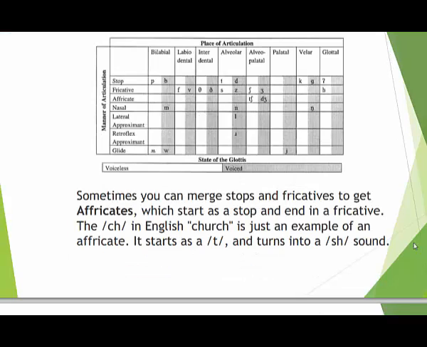And sometimes you can merge a stop and a fricative together to get something called an affricate, which starts as a stop and ends as a fricative. So ch, as in church, is a good example of an affricate. It starts with a T sound and then turns into the sh sound and then releases.